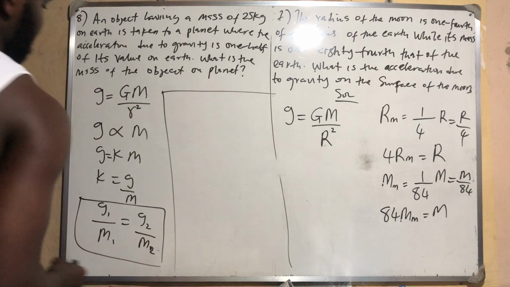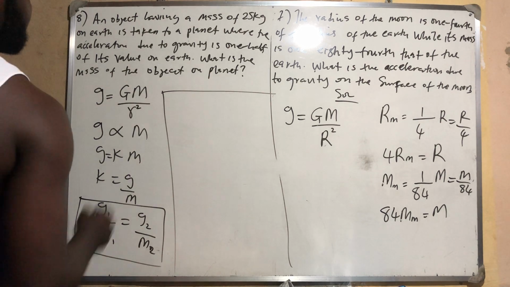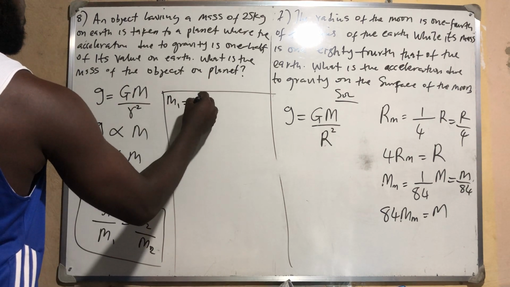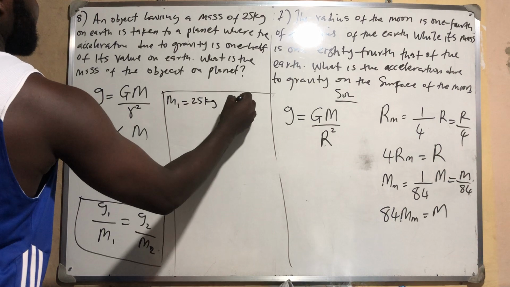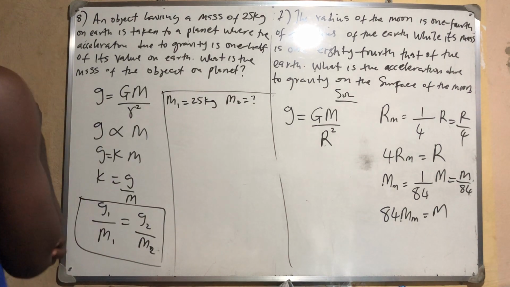So let me finish it up here. They gave me that the mass m1 is equal to 25 kg. I'm looking for mass m2, which is the mass on that planet.